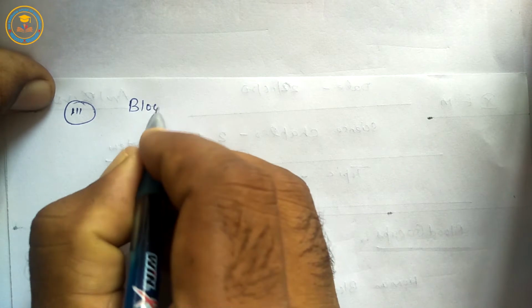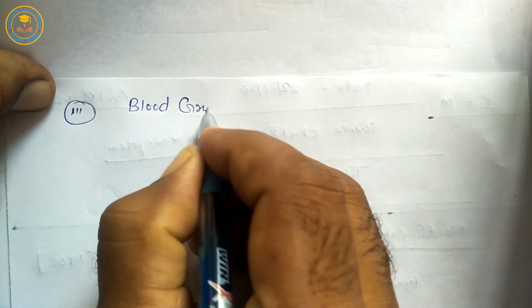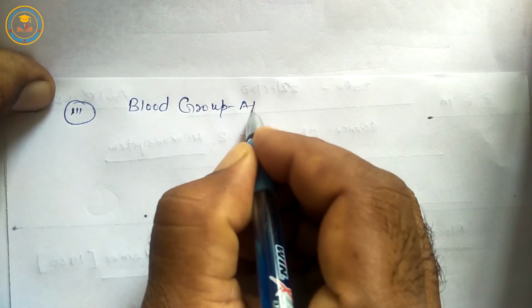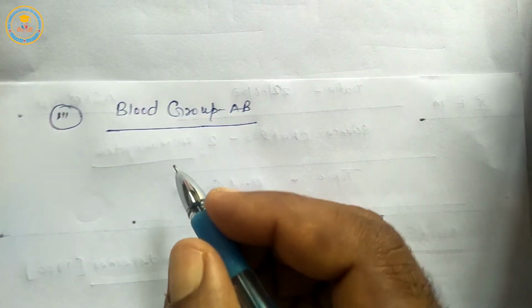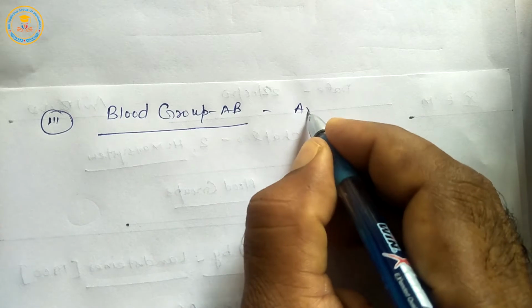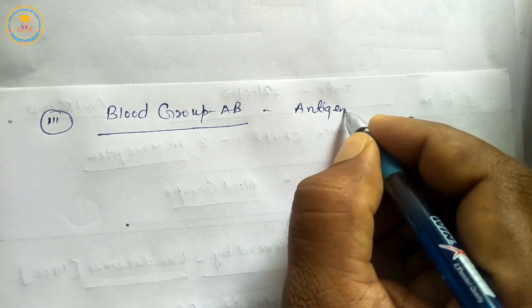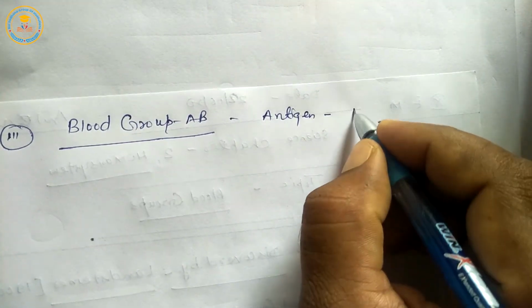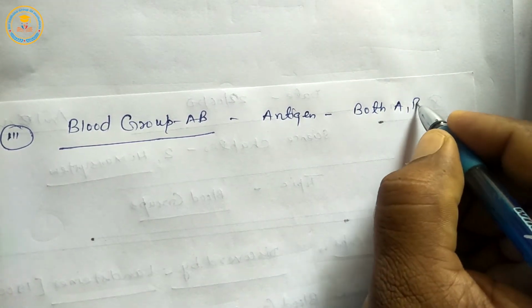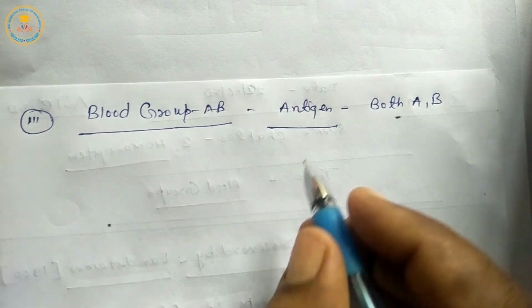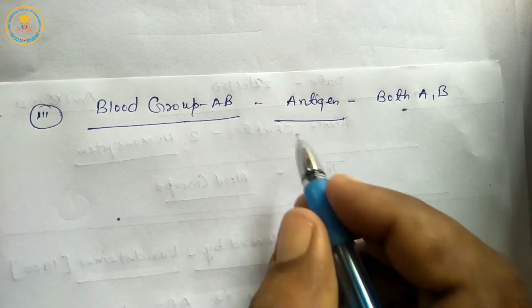Third is blood group AB. First is antigen. Antigen in blood group AB is both A and B. Students, antigens are located on RBC surface.